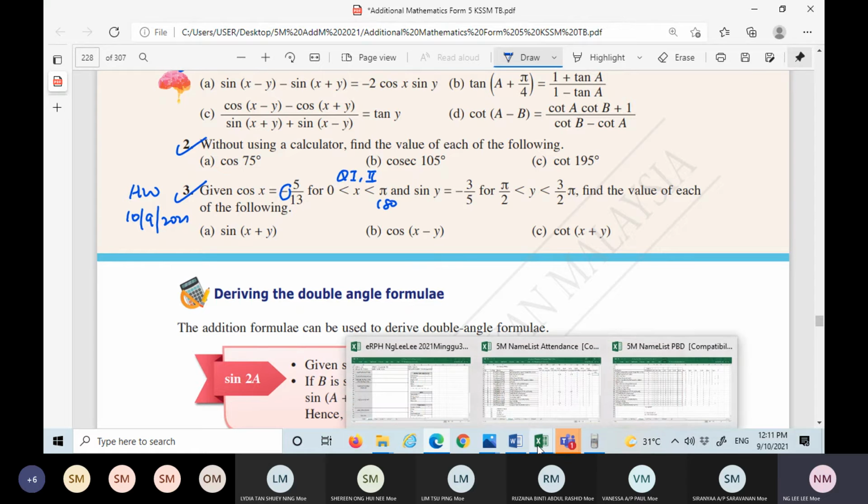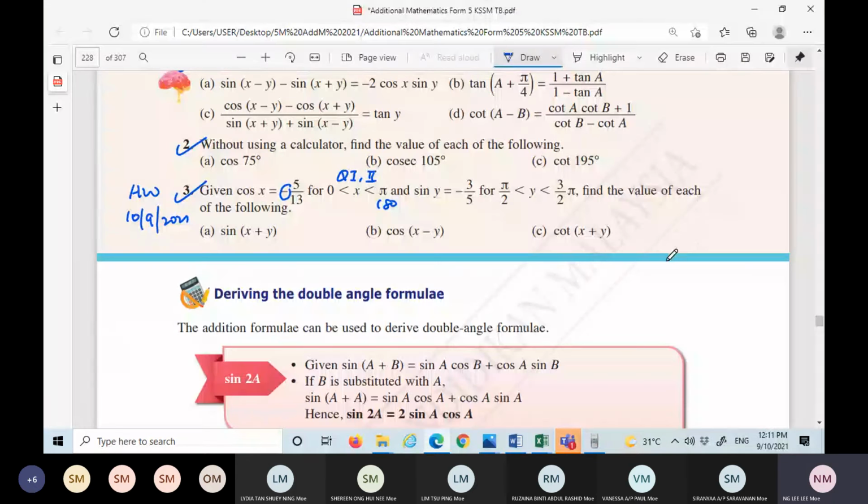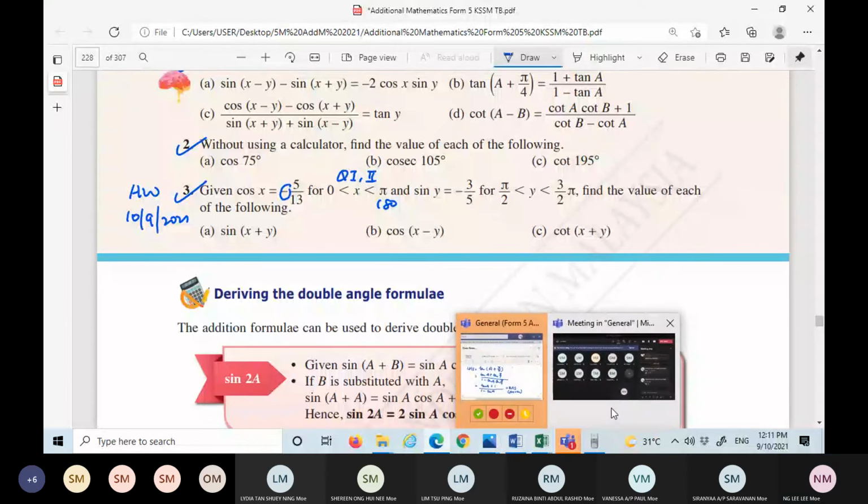Who is the next girl? Shahira. Is x in the first or the second quadrant? Cos x is negative, so x is in the second quadrant.